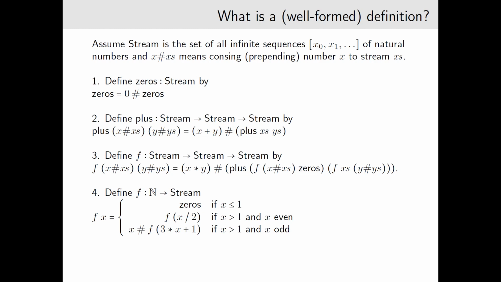So the function recurses by dividing the input by 2, so long as the input is even, and then it corecurses because it produces an element here. And we know that the recursive calls will eventually lead into a corecursive call. So this is a mixture of recursion and corecursion. And yes, it is.